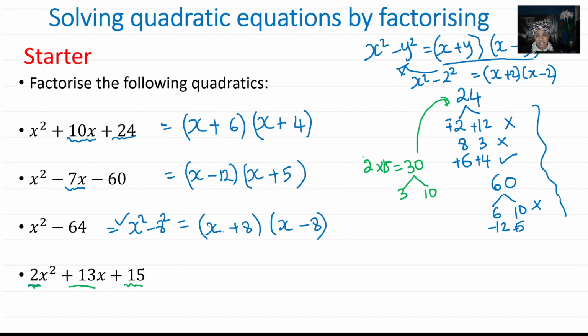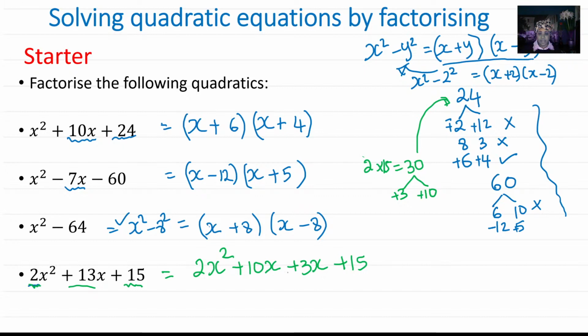Okay, so we're going to split the middle term. We're going to write this like this: 2x squared plus, everything is positive here, so we can write plus 3 and plus 10. So we could do plus 10x and then plus 3x and then plus 15.